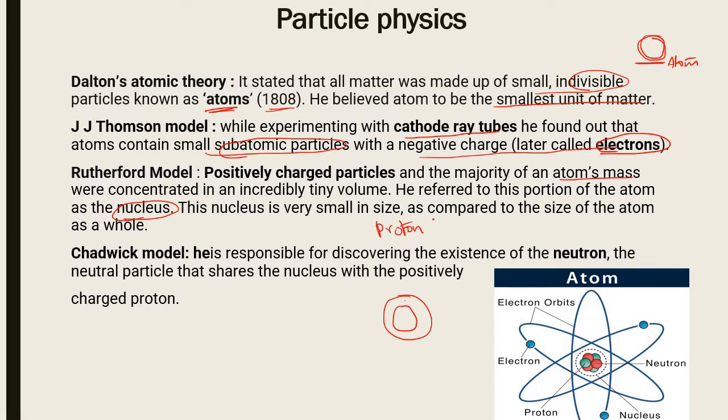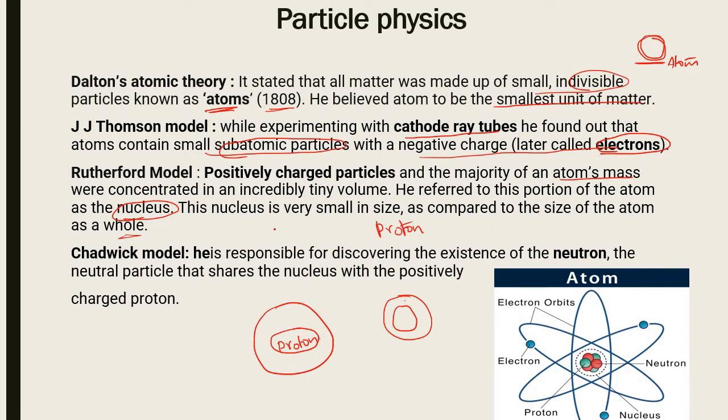This nucleus is very small in size compared to the size of the atom as a whole. So what he is saying is there will be an atom. Inside the atom there will be a nucleus which is very small compared to the size of the atom itself, and inside that nucleus we will have positively charged particles called protons.